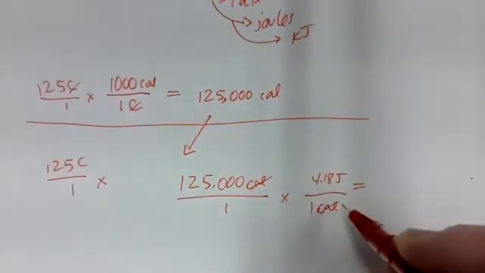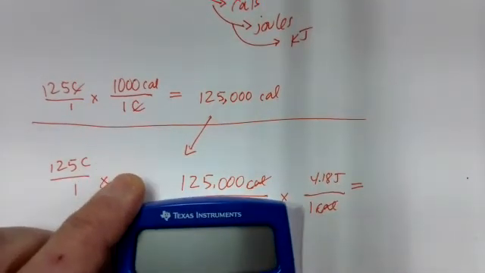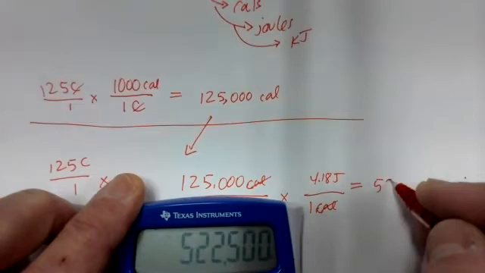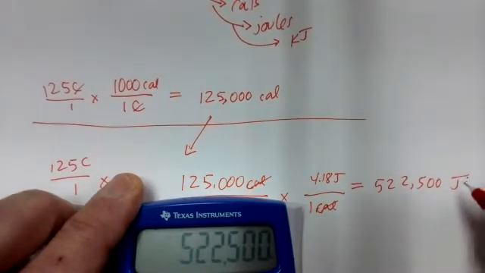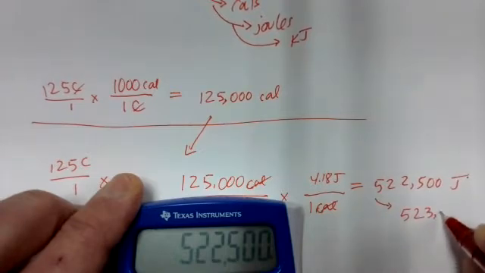The cals will cancel, and now we have to use our calculator. 125,000 times 4.18 equals 522,500 joules. And then we have to round it to 3 significant figures, 523,000 joules.